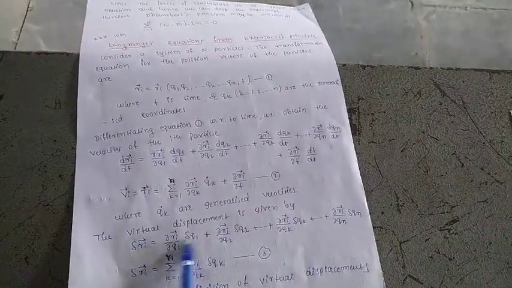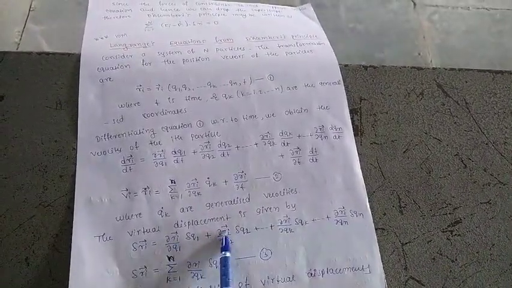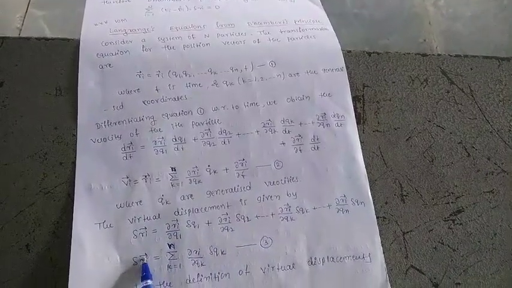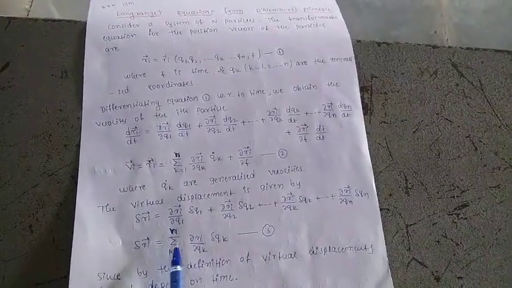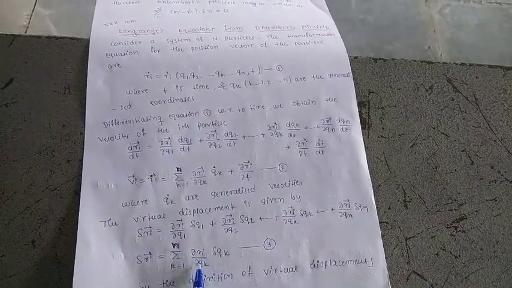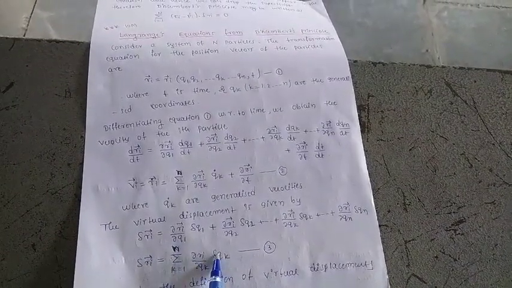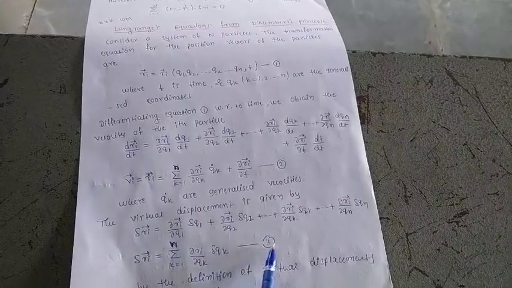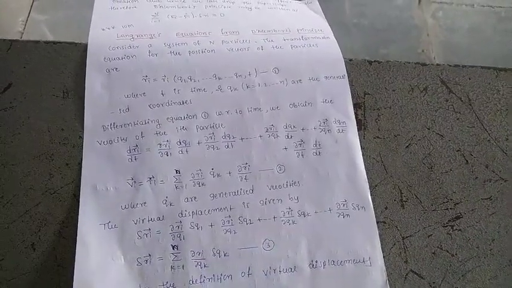Taking the summation, we can write delta Ri is equal to summation k is equal to 1 to n dou Ri by dou qk into delta qk. Take this as equation number 3.